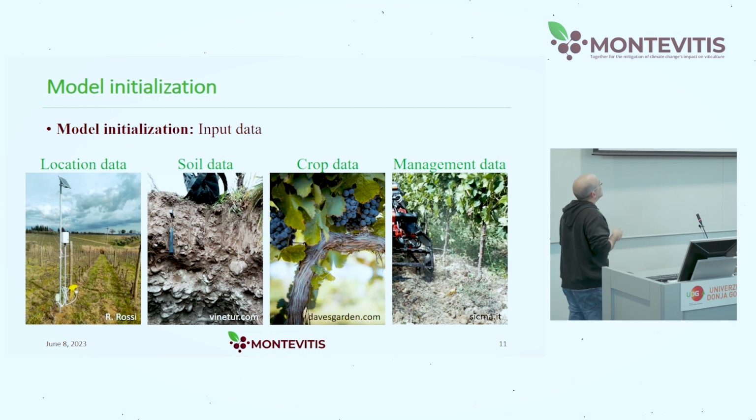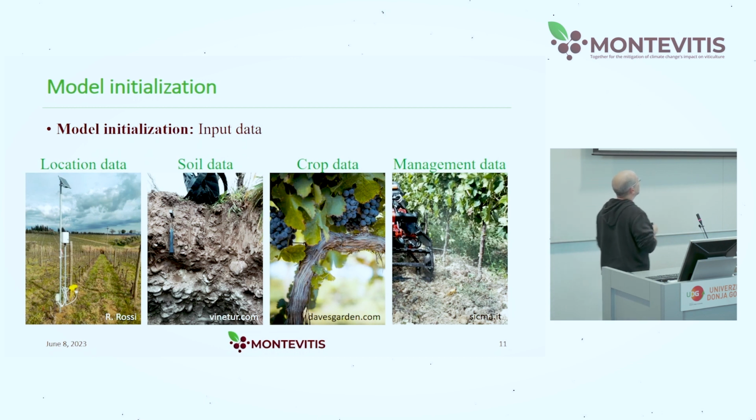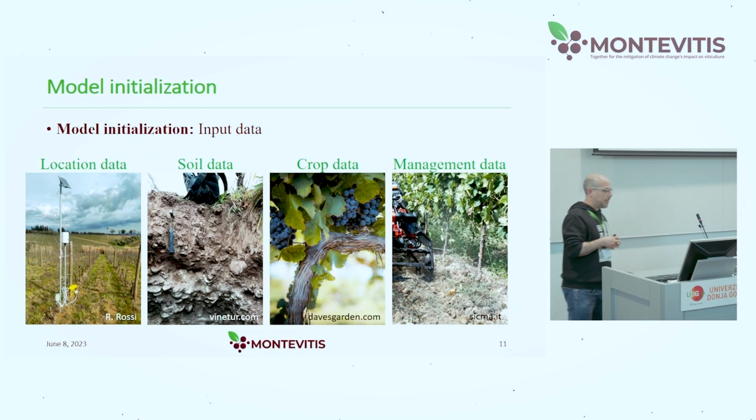We need also some crop data that is more related to, for example, the days that happen between one phase and the other, or the biomass fraction that moves from the plant to the fruit, and so on.